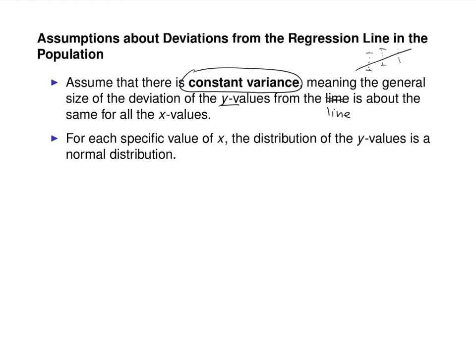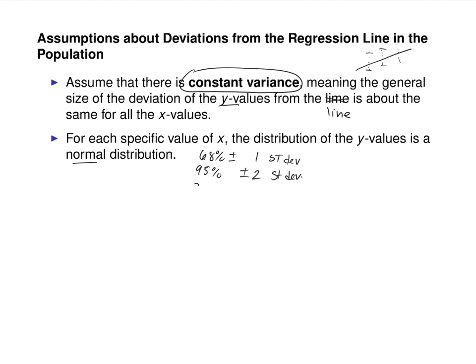And then we also assume that for each specific value of x, the distribution of the y values is normal. And if we assume that that's normal, that means more people are in the middle, right? So you have 68% plus or minus 1 standard deviation, right? And then you have 95% are plus or minus 2 standard deviations.